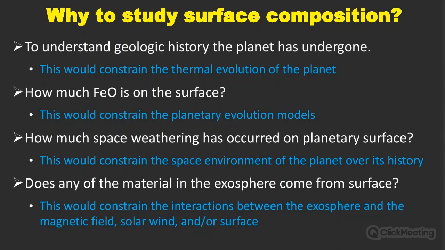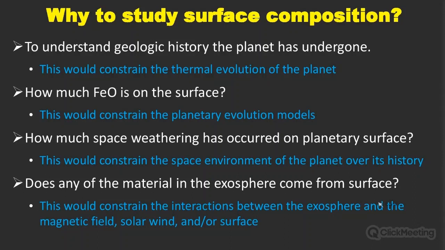And then we are also interested in studying how much space weathering has occurred on planetary surfaces, and that would constrain the space environment of the planet over its history. Because our main interest is to understand the evolution of the planetary body, it's very important to constrain the space environment of the planet over its history. And thus any of the material in the exosphere comes from the surface.